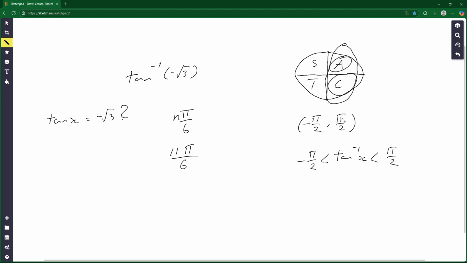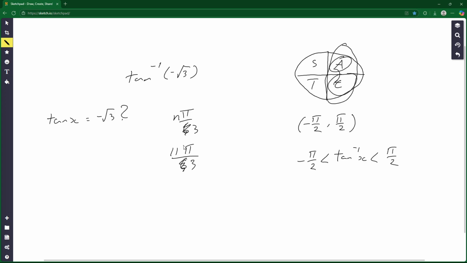However, our domain restriction is negative pi over 2 to pi over 2, meaning that we'll have to take something negative. Also, this is not 6, it is 3. My bad. So n pi over 3, 11 pi over 3, is not within our domain. What does that mean? Well, that means we need to start going backwards.